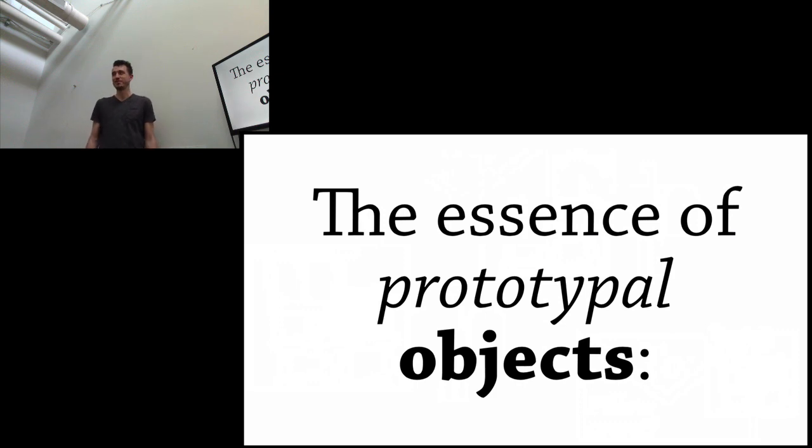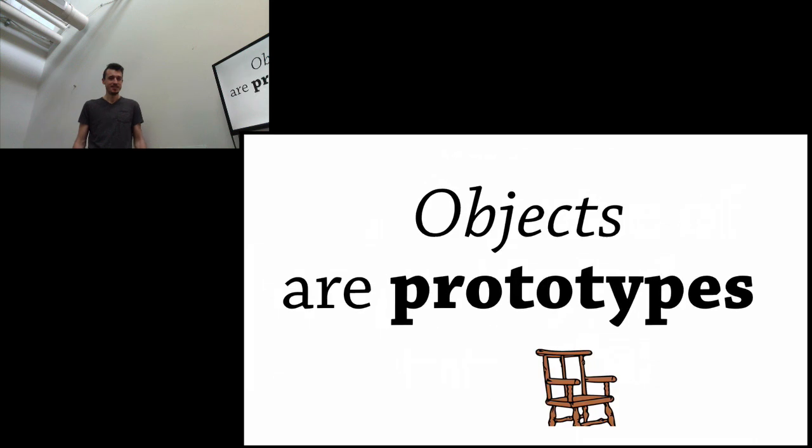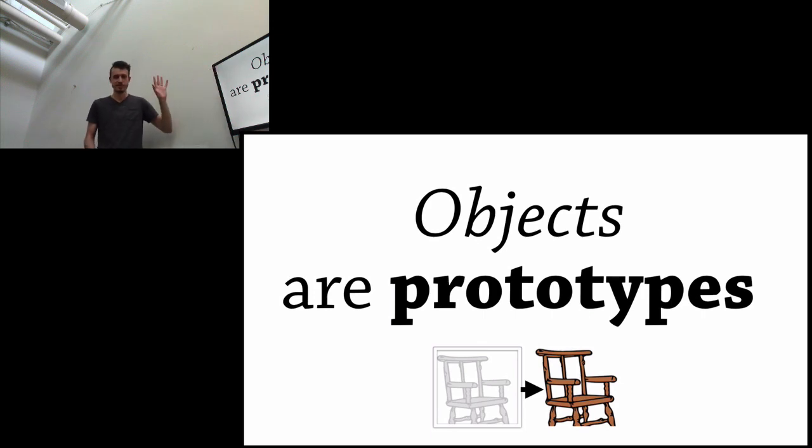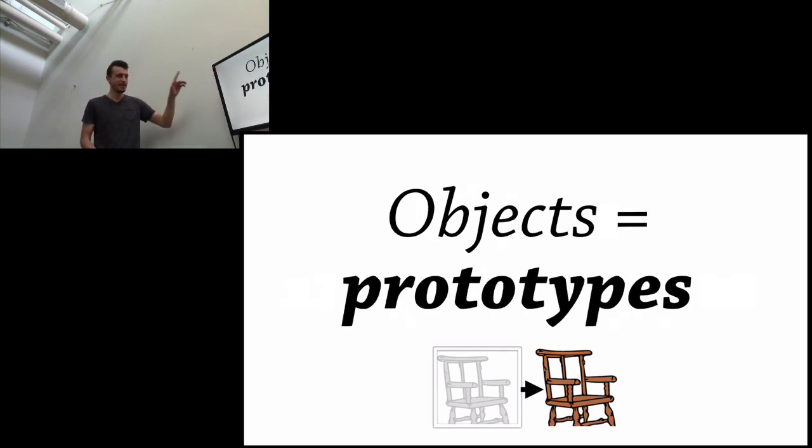what's the essence of prototypal objects? The first is that objects are prototypes. If you want to create an object, you've got to base it on a prototype. I've really confused myself with the ordering of this. So let's just move past this sentence and go to this sentence because they are exactly the same.